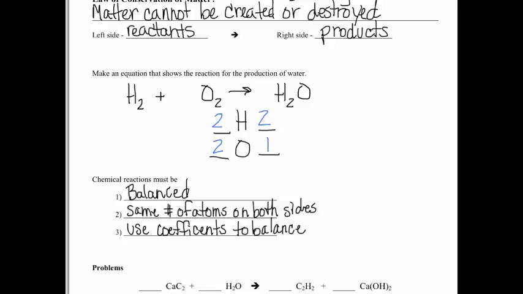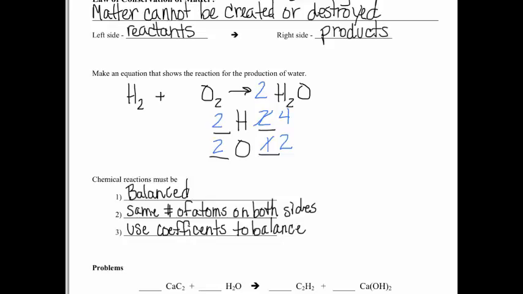So right now we don't have enough oxygen, and all I can do is put a coefficient in front of water to change that. So now by trying a 2 here, there are 2 atoms of oxygen. But I don't have just 2 atoms of hydrogen anymore, because when I distribute this through, I actually have 4. So now that I've fixed my oxygen, my hydrogen's messed up.